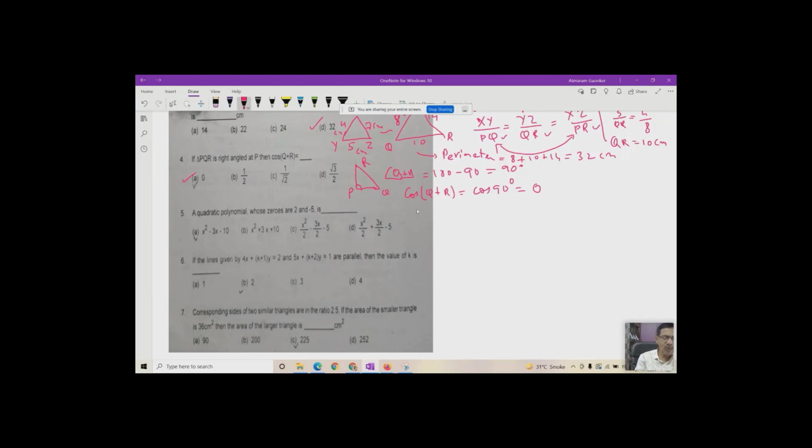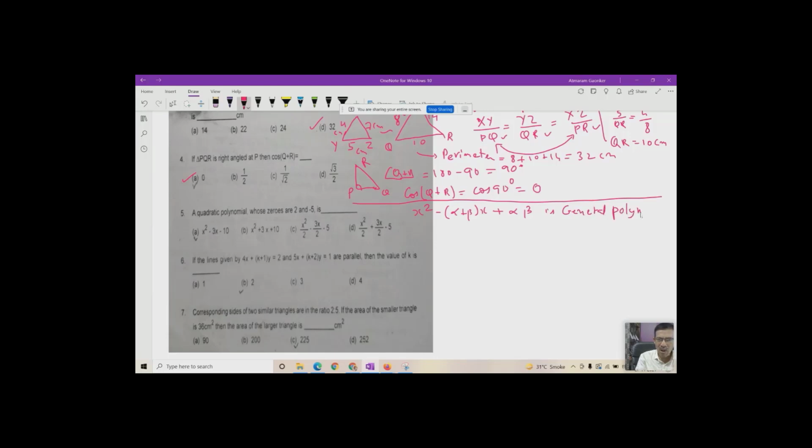The general form of the polynomial is x square. In terms of roots, it is x square minus alpha plus beta into x plus alpha beta, for the general polynomial.